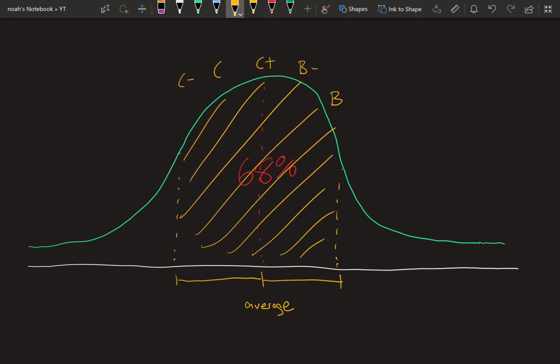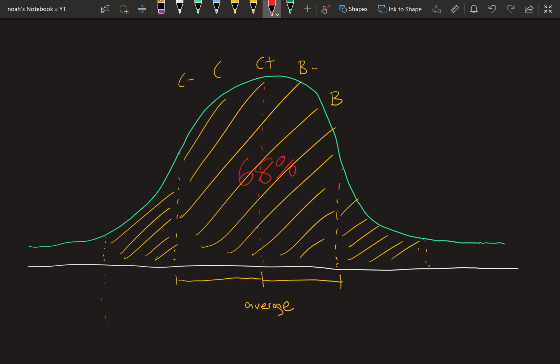And then if we went further, say to here and here, that combined region is 95%.